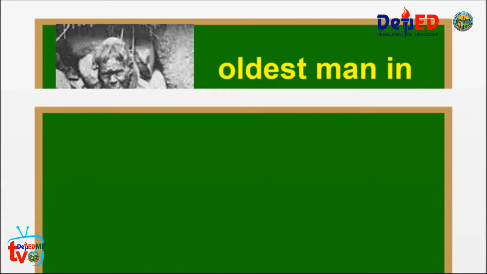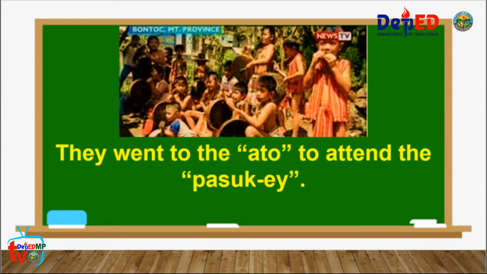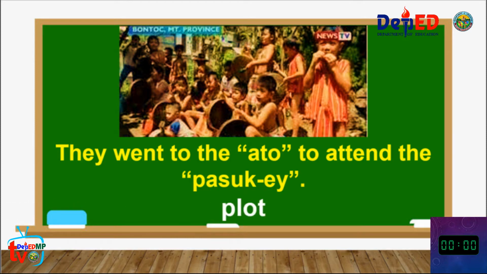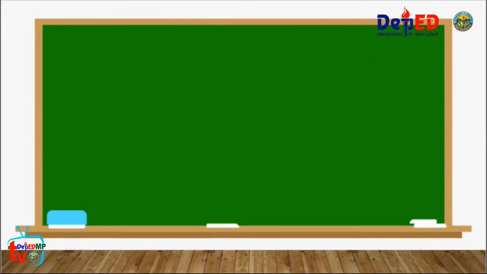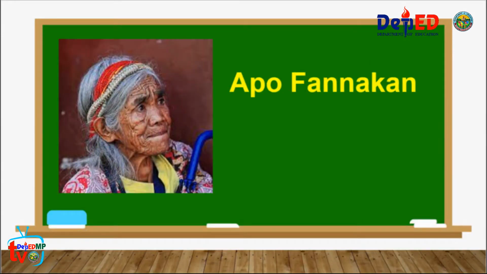Our third sentence is, let's read. They went to the ato to attend the pasutoy. Your answer? Correct. This sentence should fall under plot. What about this? Apo panakan.